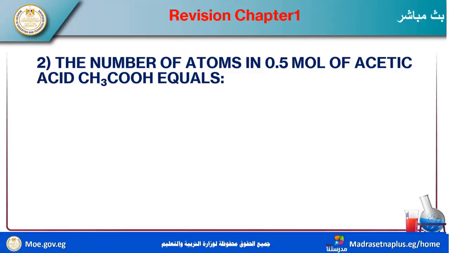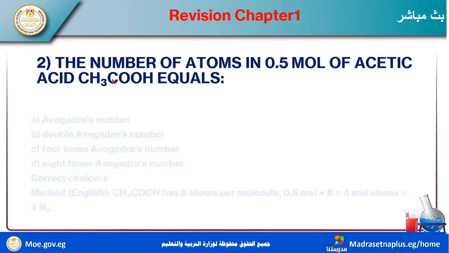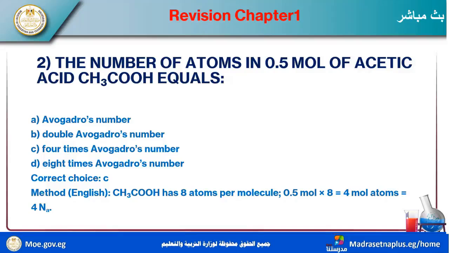The number of atoms in 1 mole, and we have 0.5 mole. Firstly, you must know the number of moles here. Count with me: 1, 4, 5, 6, 7, 8. So 8 moles of atoms in 1 mole, so the number of moles of atoms in half a mole equals 4 moles.